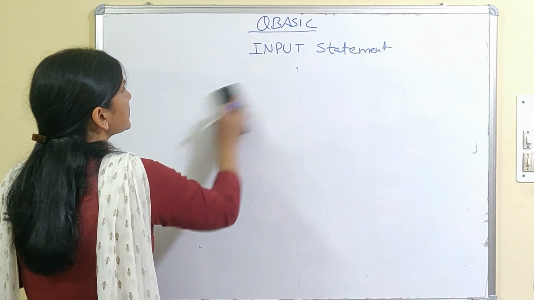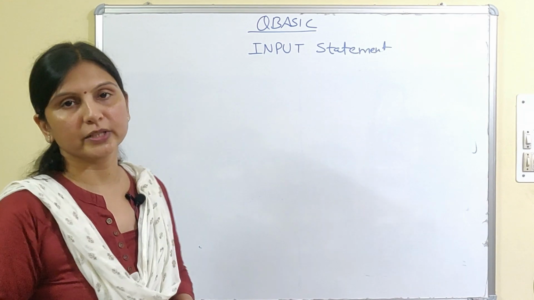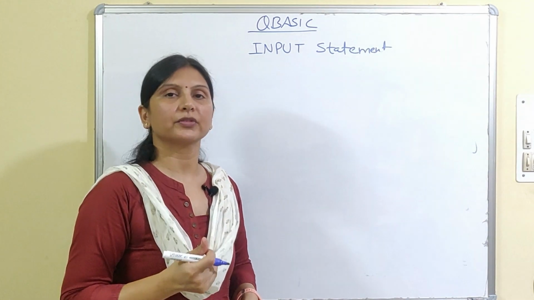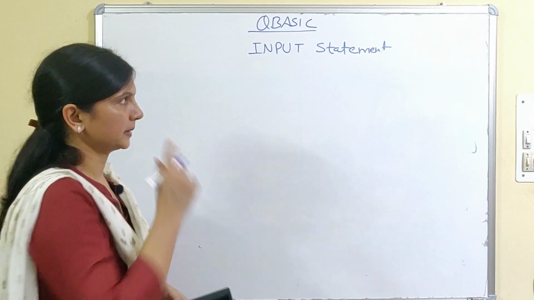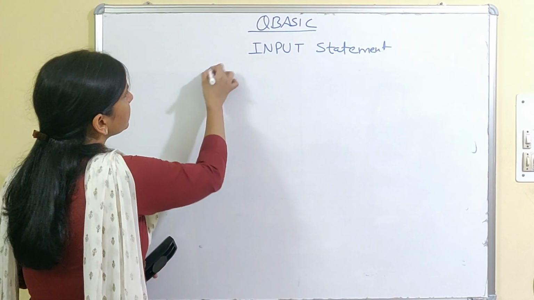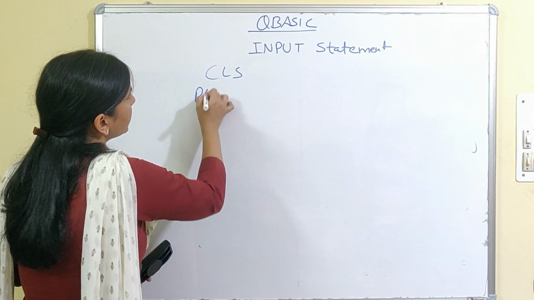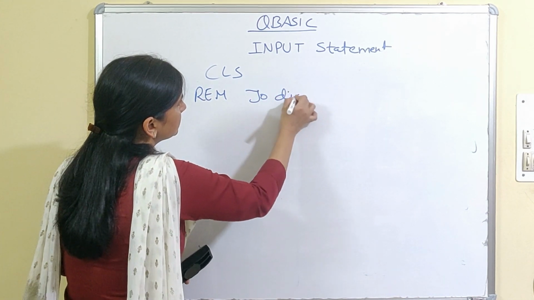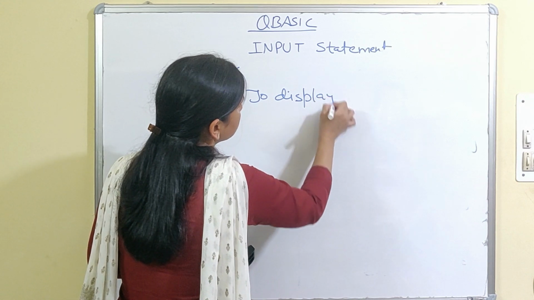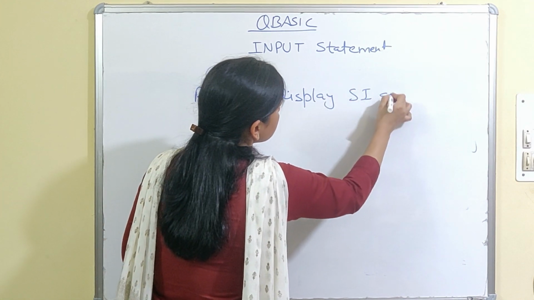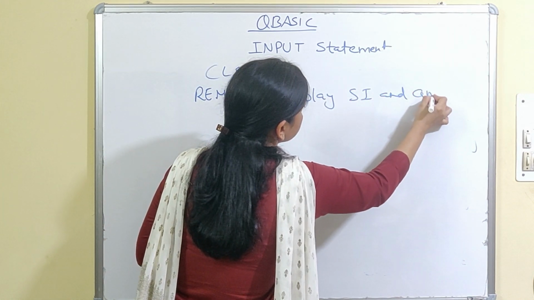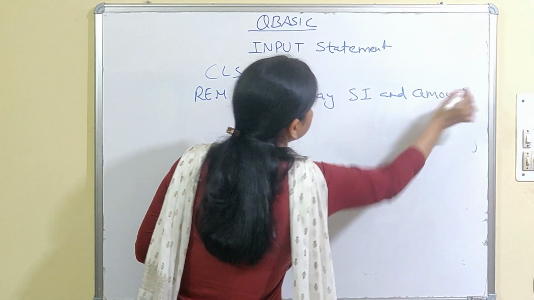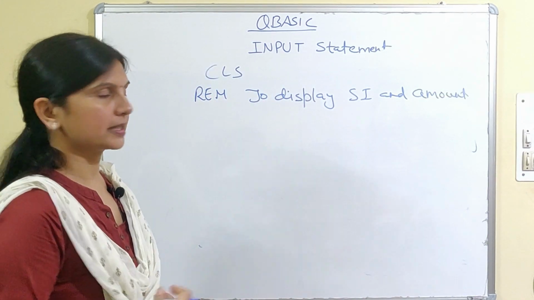So the program is to display simple interest and amount. So what is the program? REM I am giving here to display simple interest and amount. But here we will use input statement. So let's start.